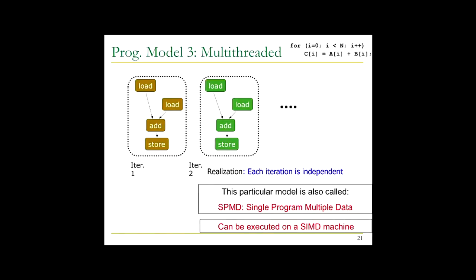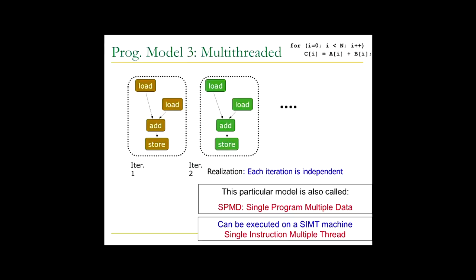But GPU says, oh, my hardware is going to be very SIMD-like, single instruction, multiple data-like, so I'm going to take this programming model and execute it on a much more efficient machine. That's why, if your code looks like this, you'd better execute on a GPU and not a multiprocessor, because you'll waste a lot of efficiency on a multiprocessor. Whereas in a GPU, it's going to combine those things into vector instructions.